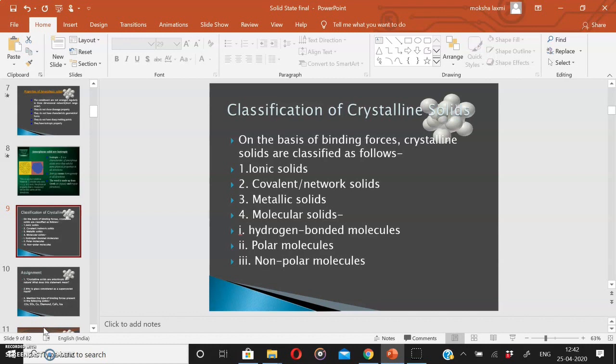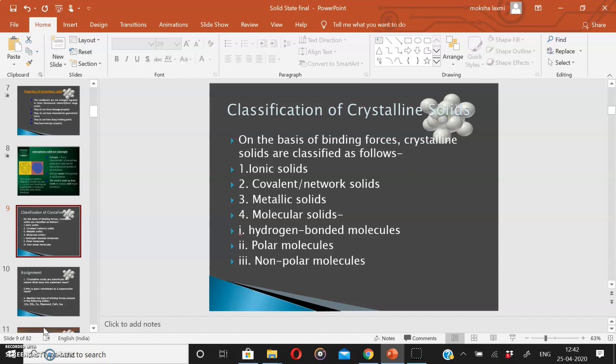Crystalline solids are classified on the basis of binding forces, interparticle forces, into 4 types. Number 1, ionic solids. Number 2, covalent, also called network solids. Number 3, metallic solids. Number 4, molecular solids. And molecular solids are further divided into hydrogen bonded, polar and non-polar molecules.